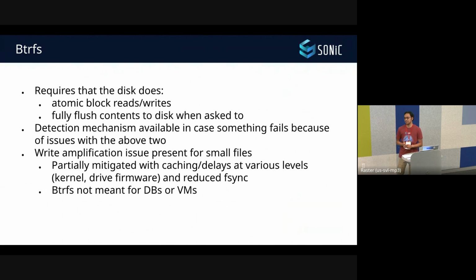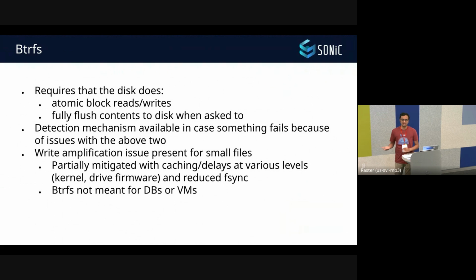The other catch is there might be a noticeable issue of write amplification. If you're writing small files repeatedly, because of the copy on write nature of the file system, it might be that it writes more data to disk than what you yourself wrote.